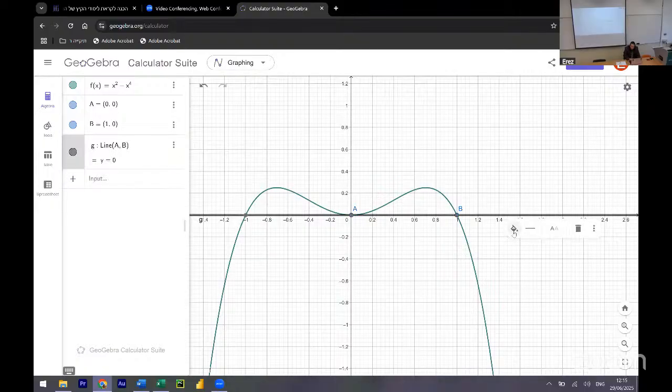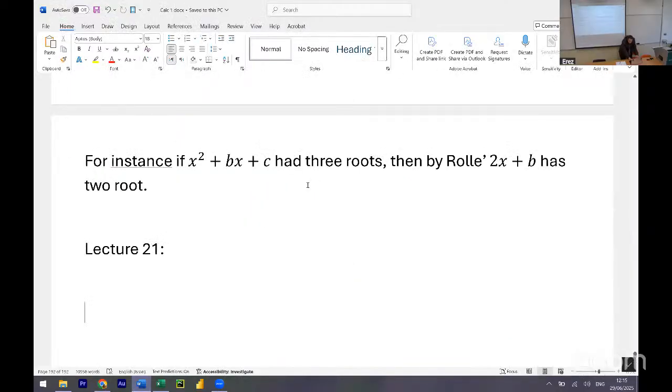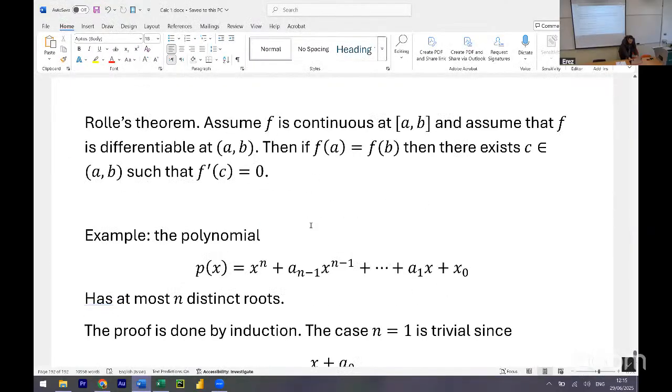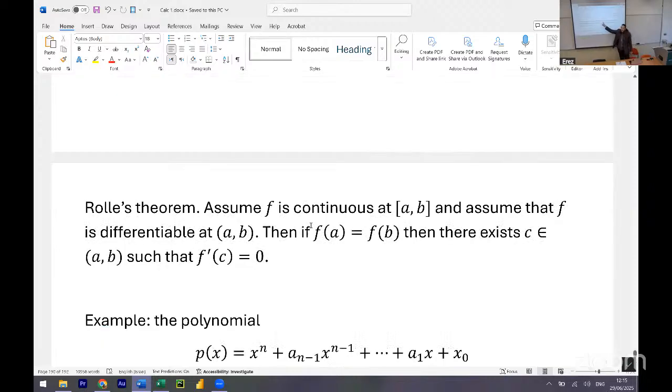A line between 2 points on the graph is called a chord. Okay. So I have some graph here. I chose 2 points. And what are the assumptions of Rolle's theorem? That f of A equals f of B. So I took 2 points with the same y value.